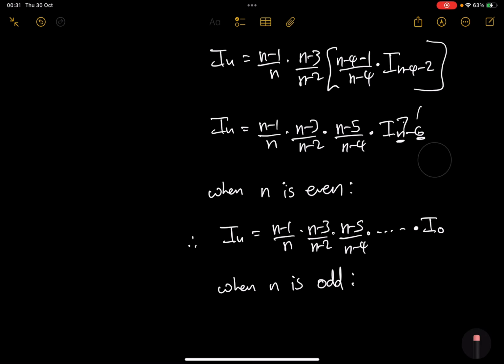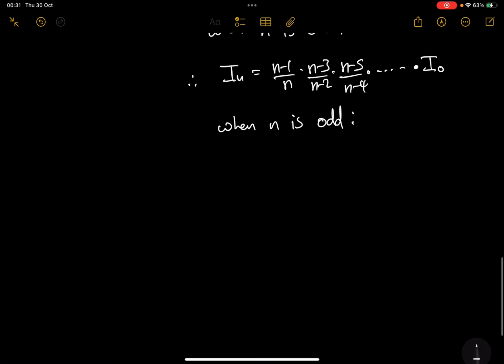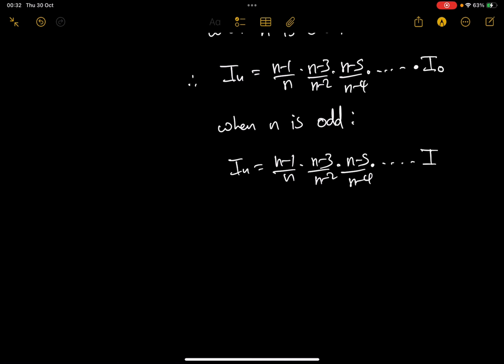What does this tell us? If n is odd, we are going to get (n-1)/n, (n-3)/(n-2), (n-5)/(n-4), and then this is going to iterate to I_1.